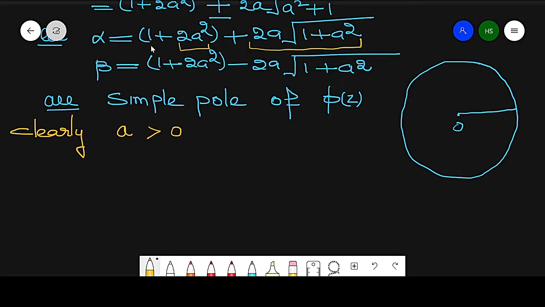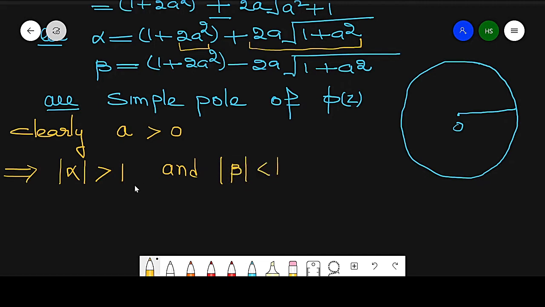So this is 1, which means the modulus of alpha is greater than 1. Clearly, its absolute value is greater than 1. And from this check, this is less than 1, and the modulus of beta is less than 1.